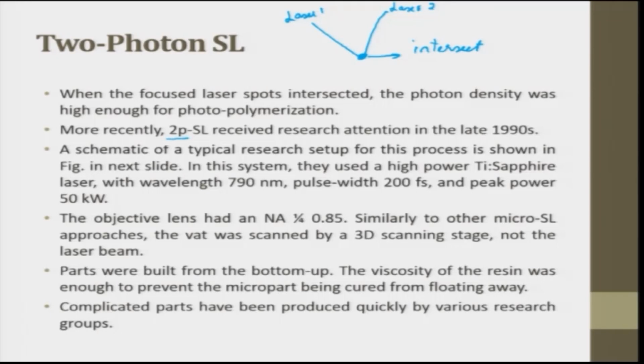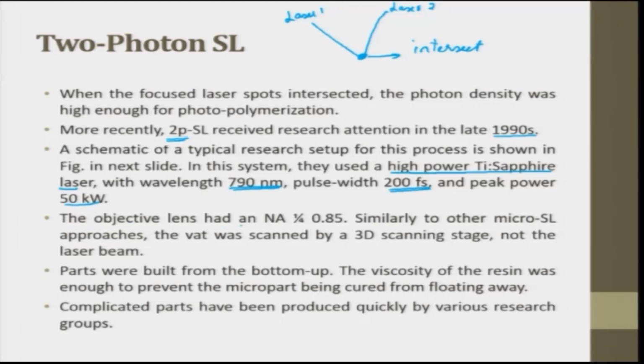Most recently, 2-photon stereolithography received research attention in the late 1990s. We will see the schematic diagram in the next slide. So here we use a high power Ti-sapphire laser of wavelength 790 nanometer, pulse width of 200 femtosecond, and the peak power of 50 kilowatt.